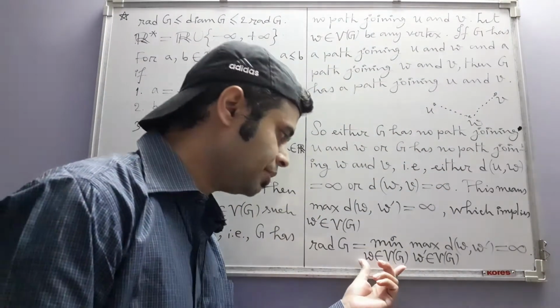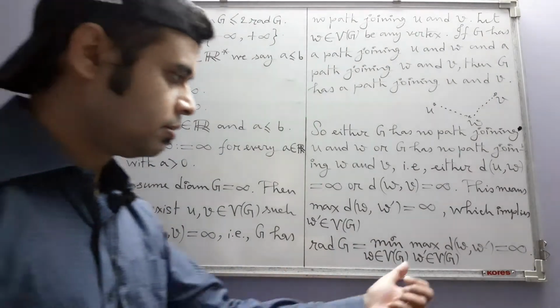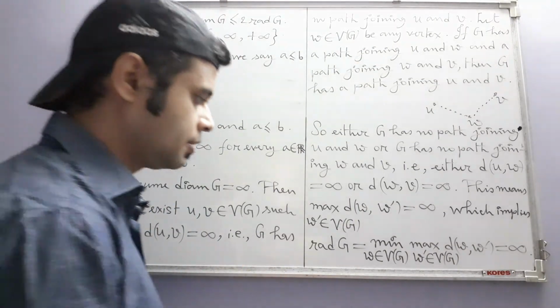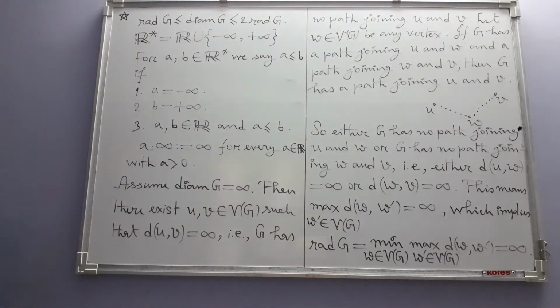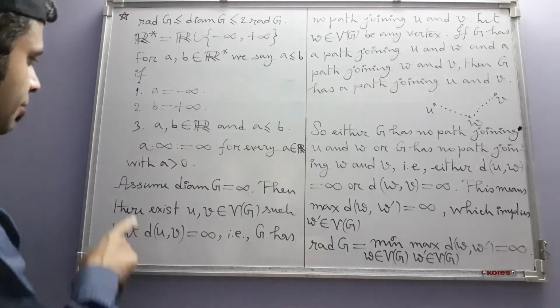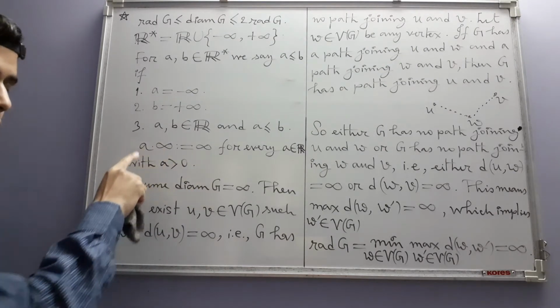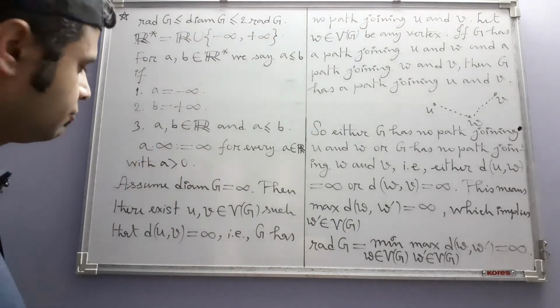So here the minimum that we are taking is of a set, all of whose elements are infinity. Okay, so naturally the minimum is also infinity. So if diameter is infinity, radius is also infinity, and in this case these inequalities become equality, keeping in mind this thing, because now in place of a we can take 2, and in place of infinity we have radius of G.